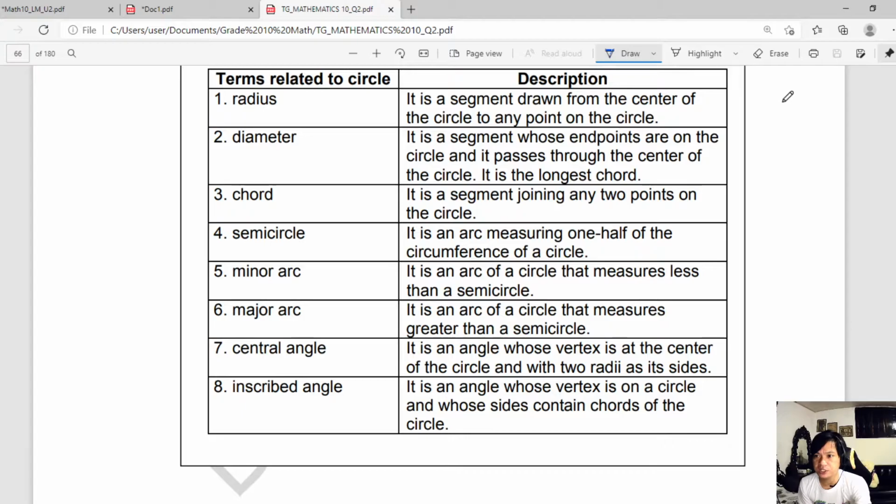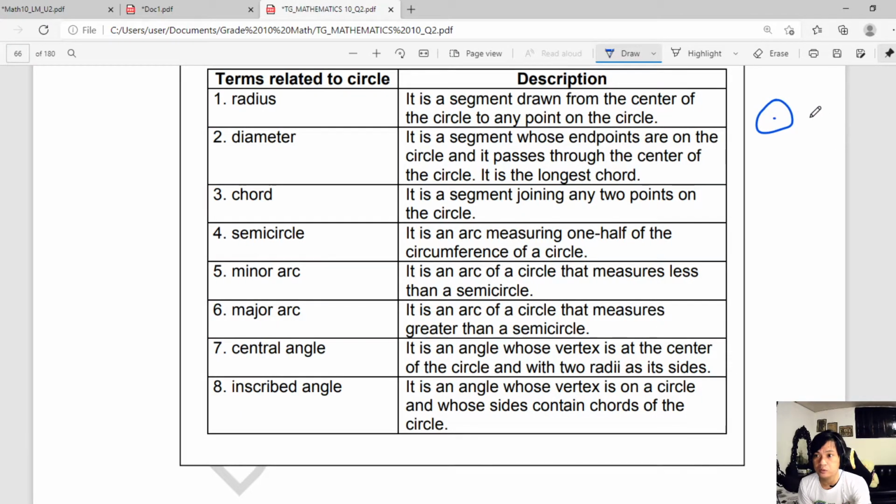Ang circumference ng isang circle is equal to 360 degrees. So, ibig sabihin, if semicircle is 1/2 of the measure of the circumference of a circle, ang measure ng semicircle is 180 degrees.